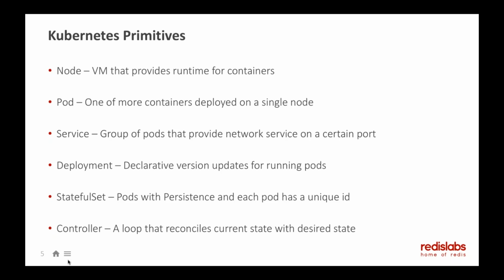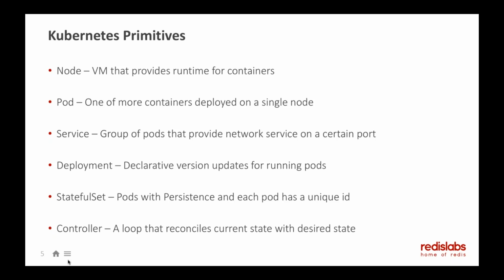Another important primitive that we should talk about is the controller. Like the name suggests, it controls things for you, and that could be your service, your deployment, or your stateful set. There are many types of controllers in the Kubernetes ecosystem.